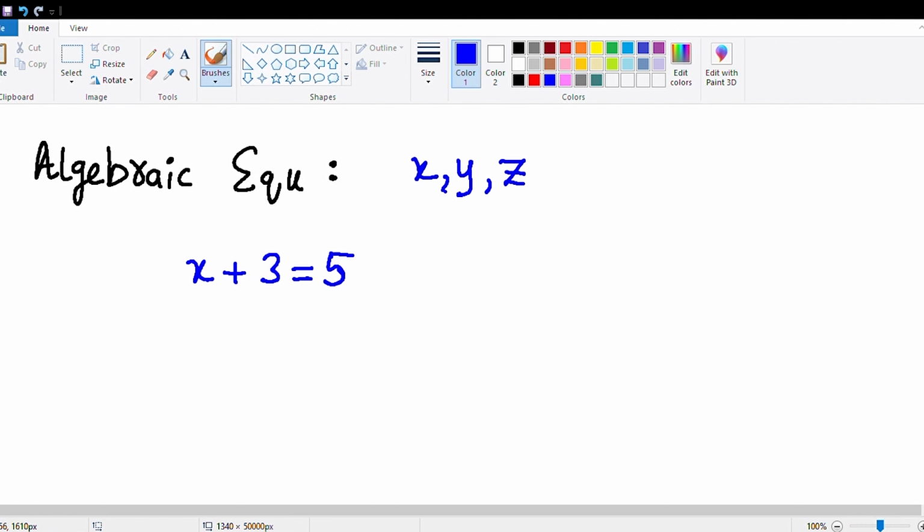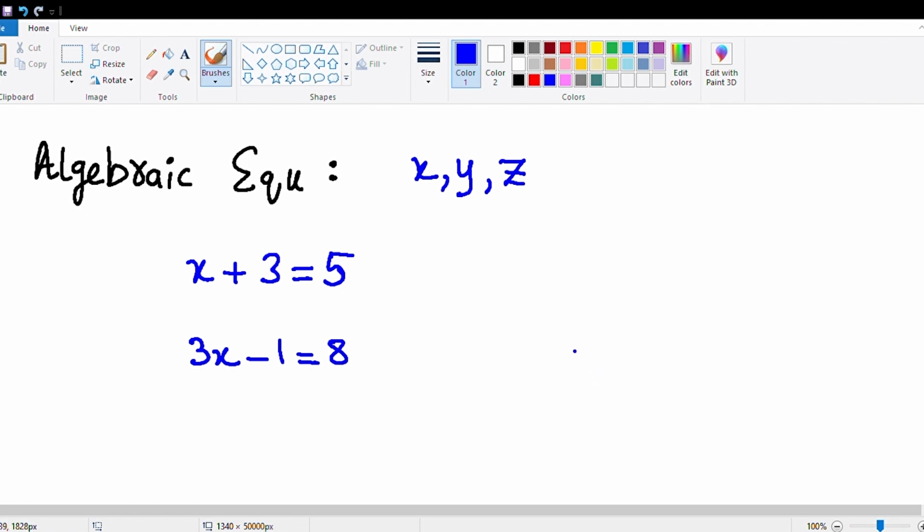And let me write some more examples. If you have something like 3x minus 1 equals 8, this is another equation.